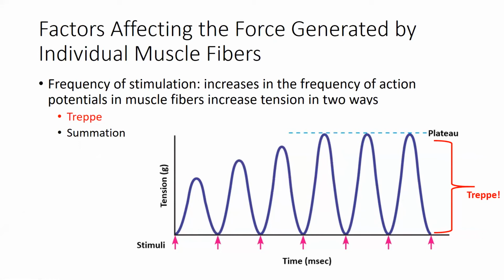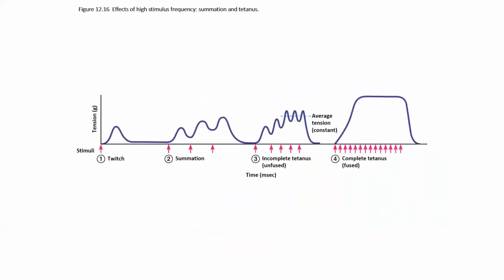Okay, it's important to distinguish treppe from summation. If you look at summation, this tension does not return to zero, meaning that all of the calcium did not fully leave the cytoplasm. At this level, when we stimulate that muscle the second time, there's already some calcium in the cytoplasm from that first stimulation, from that first action potential or end plate potential.